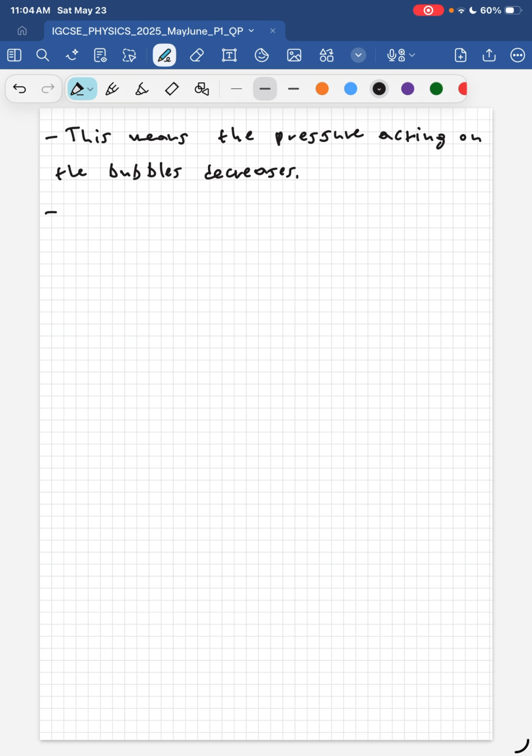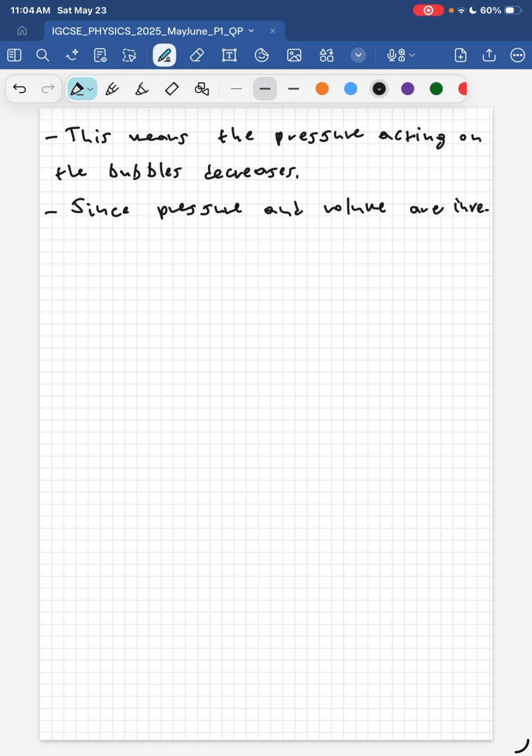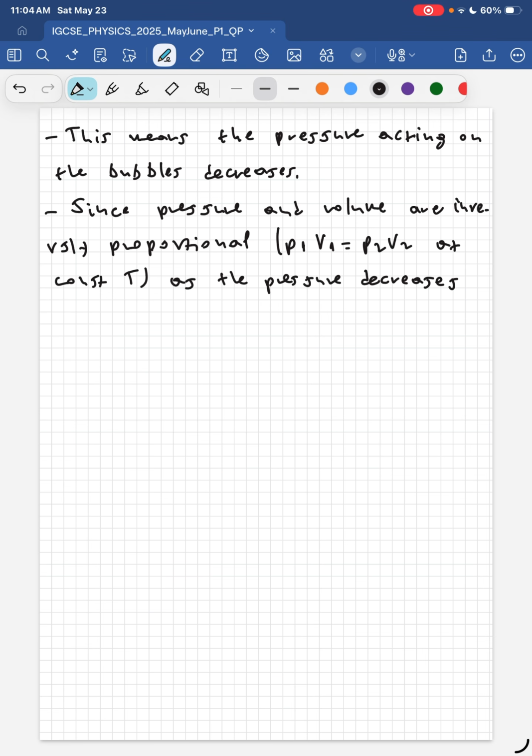Since pressure and volume are inversely proportional, actually P1 V1 equals P2 V2 at constant T, as the pressure decreases, the volume of the bubble increases.